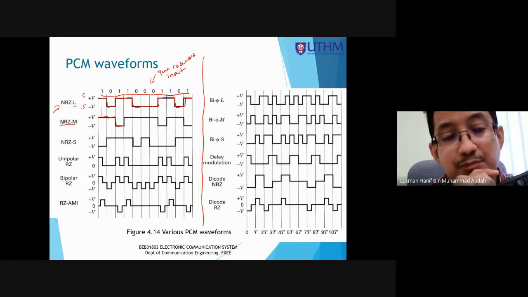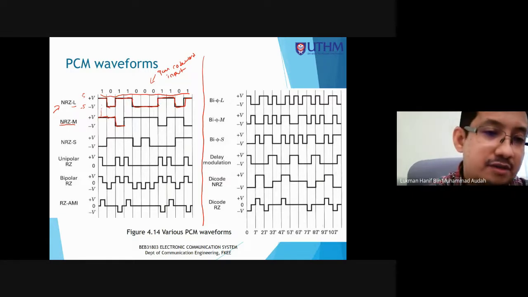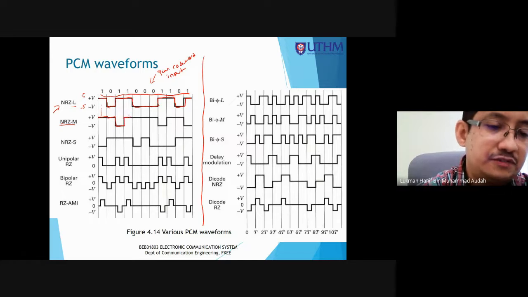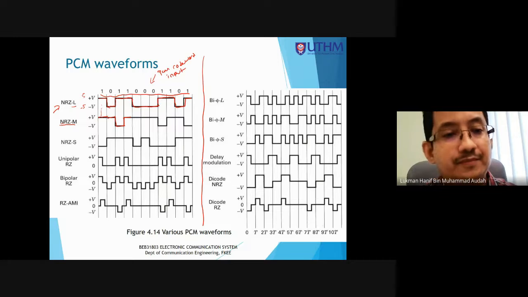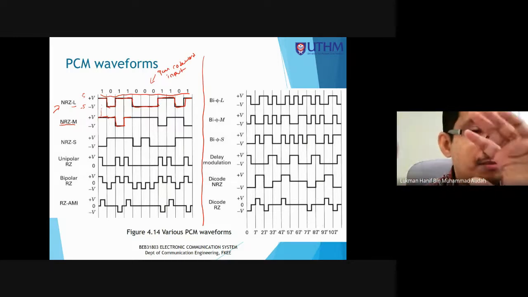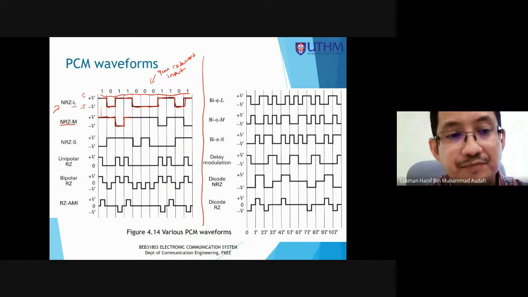Kemudian another input 1, so it will change the polarity from negative to positive. So setiap kali input satu, maka bertukar polariti. Input kosong tidak mengalami perubahan, output kekal sama.